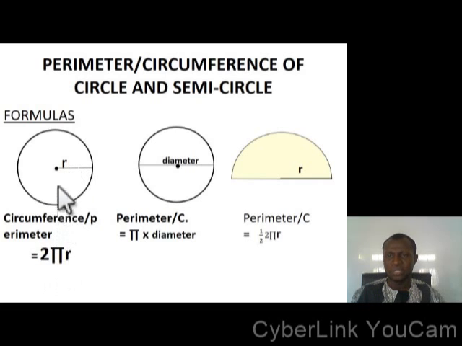You know this value pi represents 22 over 7.